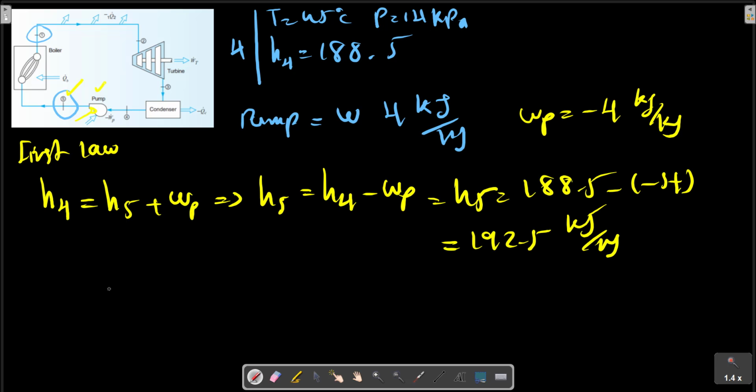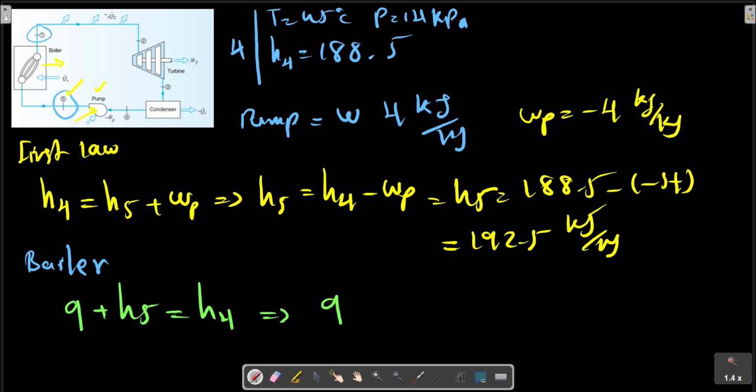To calculate the heat transfer from the boiler, from the first law, Q is the heat transfer plus H5, with the same velocity and altitude, equals H1, and no work.